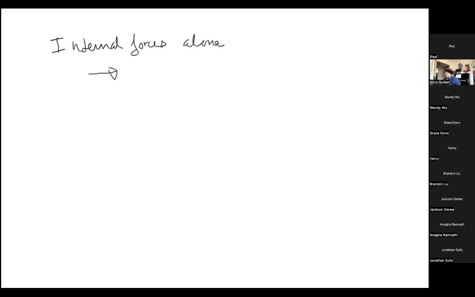Okay, so internal forces alone. By the way, that was a pretty good question, because there's a whole field of notation and different approaches to n-body systems. So getting back to what we're talking about, with internal forces alone, the total momentum is conserved.